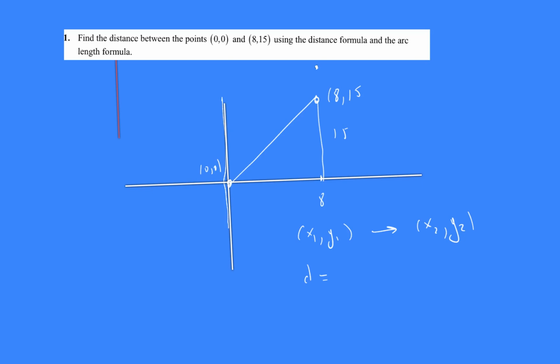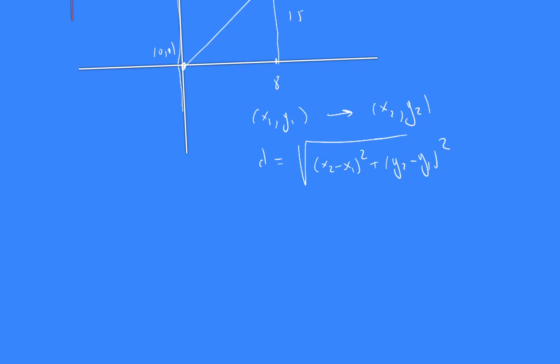And the Pythagorean theorem says that the distance is the square root of x2 minus x1 squared plus y2 minus y1 squared. So the picture for this graph is, this is the point x1, y1.